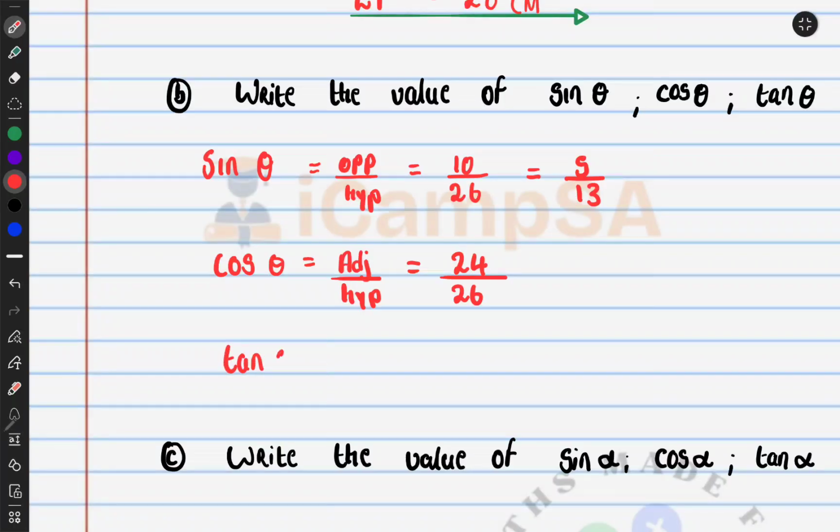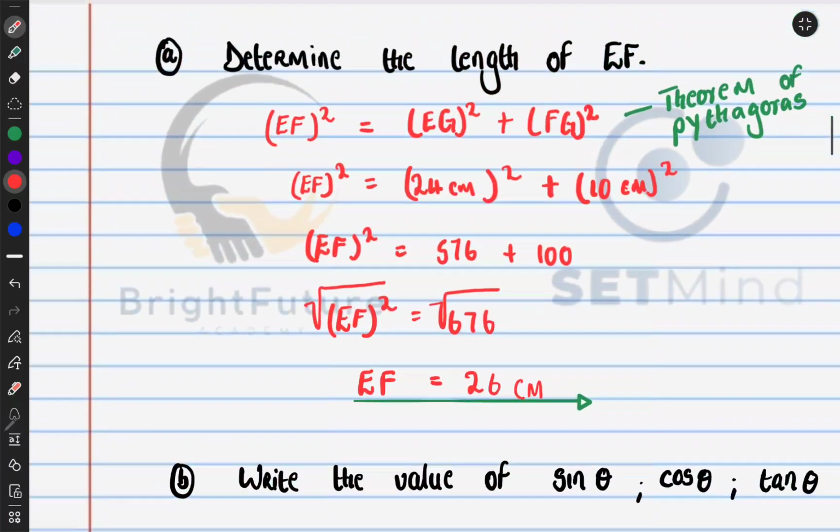And then next we have tan theta. What is tan theta? It's SOHCAHTOA, remember. When we are looking at the trigonometric ratio for the tangent of angle theta, it is opposite over adjacent. What is the side opposite to angle theta?